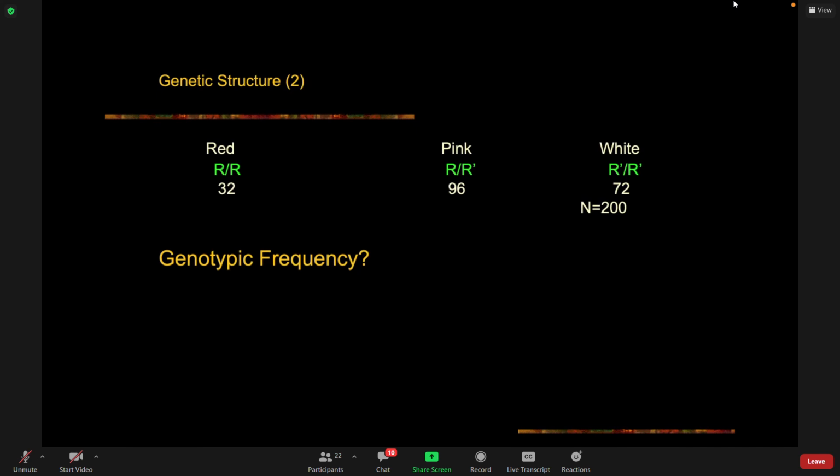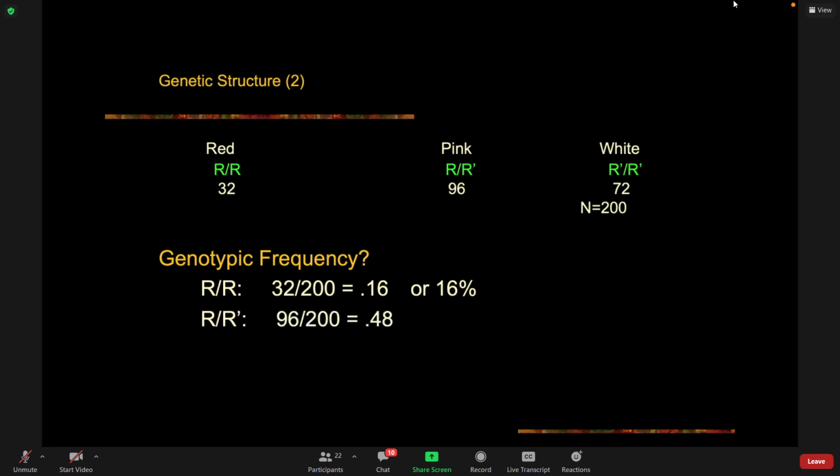Well, we determine the genotype by looking at the phenotype, but still we're concerned with the genotype. So in other words, which percent of the population is big R big R? Well, those are the red individuals. So we have 32 red individuals divided by our population size, and we come up with the same frequency as phenotypic frequency.